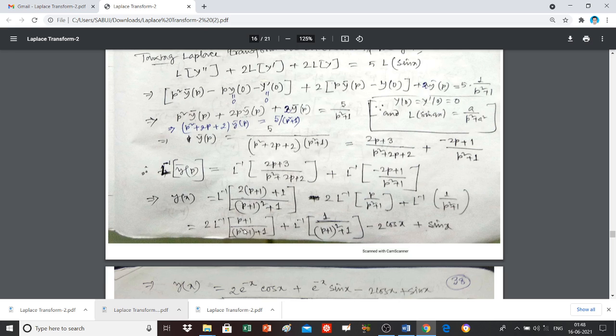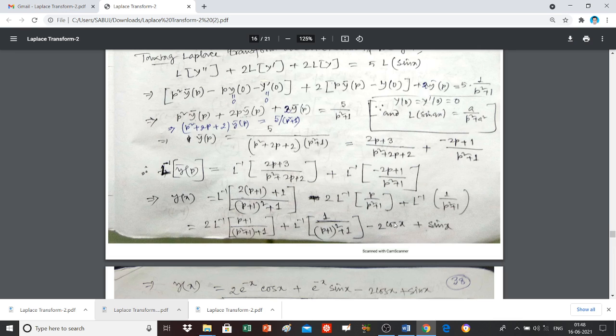Okay, this should be (p + 1) whole square. Then after that, minus 2 is here.